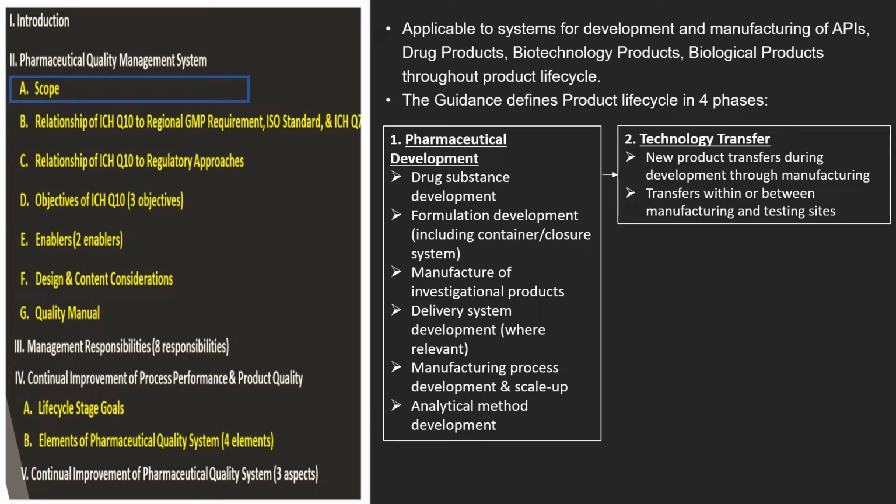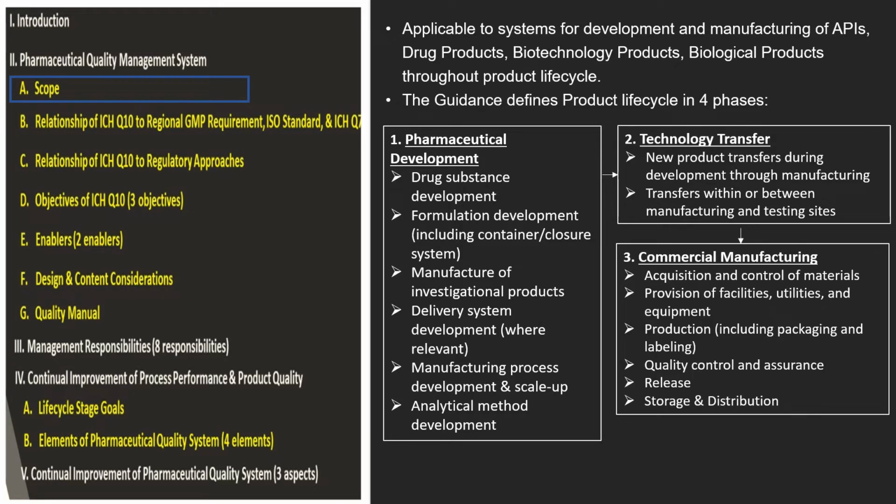The second stage in the product life cycle is new product transfers to the manufacturing site and transfers within the manufacturing site or the testing sites. Third phase is the more focused stage, which is the commercial manufacturing part.